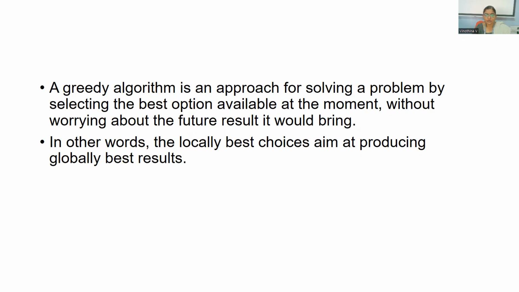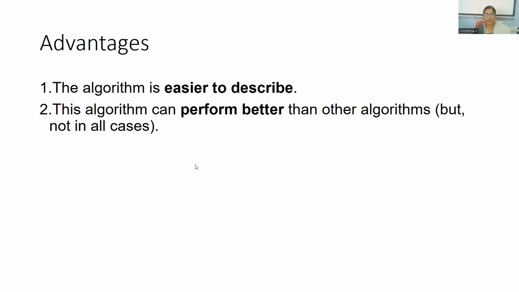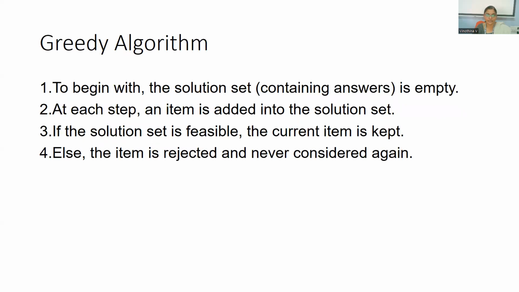We can also say the greedy algorithm finds the best choices aiming at producing globally best results. So what are the advantages of greedy algorithm? It is easier to describe and the algorithm can perform better than other algorithms in a few cases.